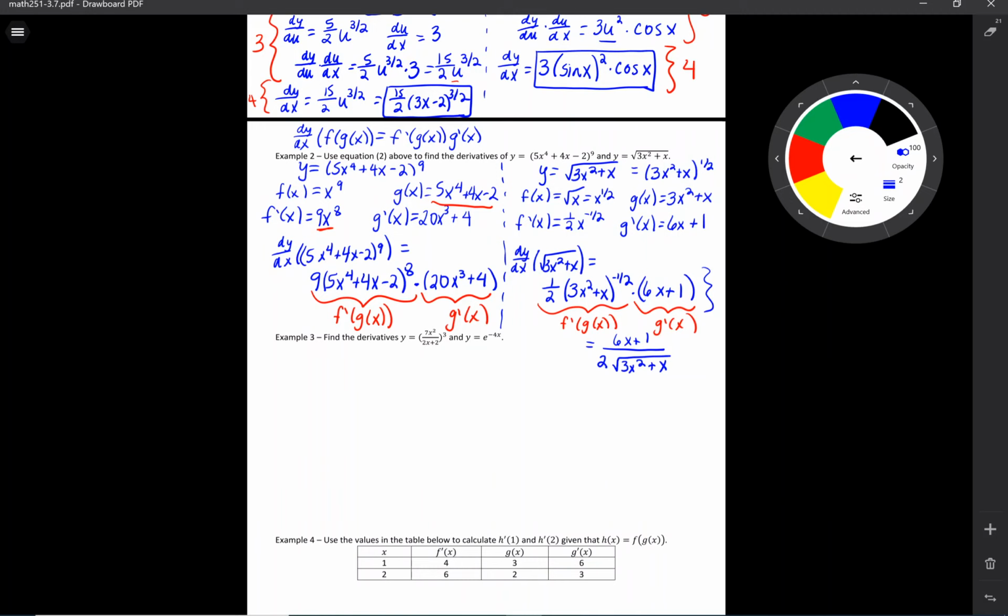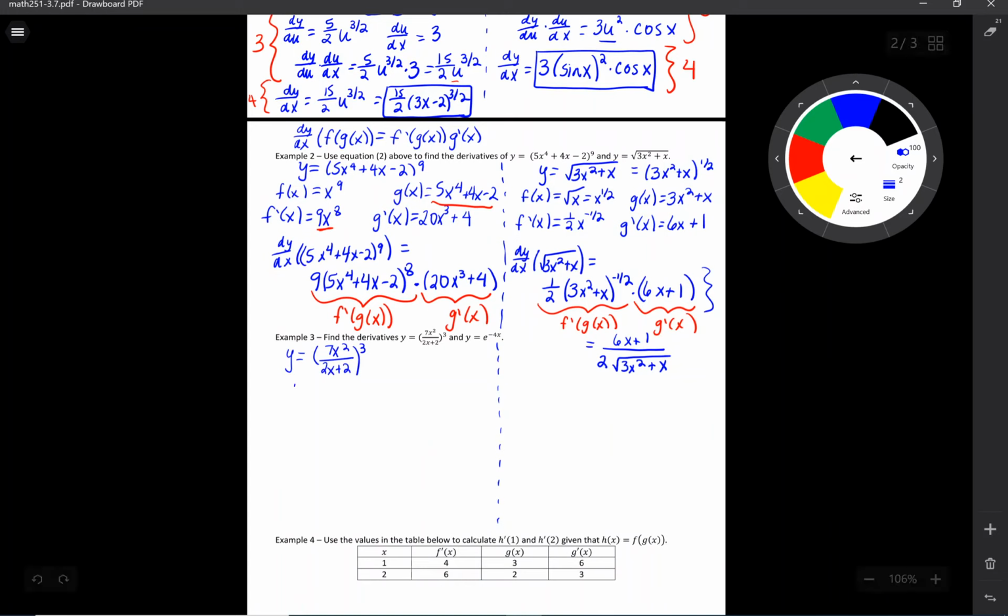So here I have two functions again. And because I think most of us prefer the second method, I will go ahead and use the second method. So I have the function y equals (7x squared over 2x plus 2) to the power of 3.